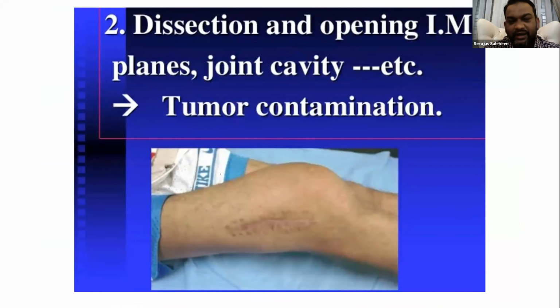And when there is more dissection and opening of the intramuscular plane and the joint cavity, there may be tumor contamination. So this is also a bad biopsy, because the biopsy goes to the joint and also contaminates the intramuscular plane.